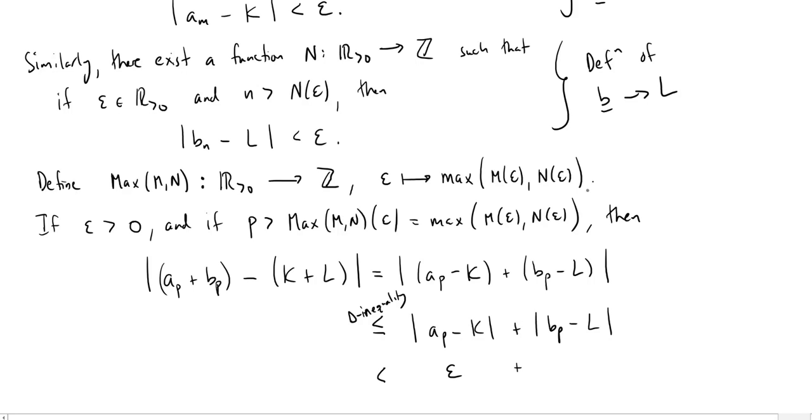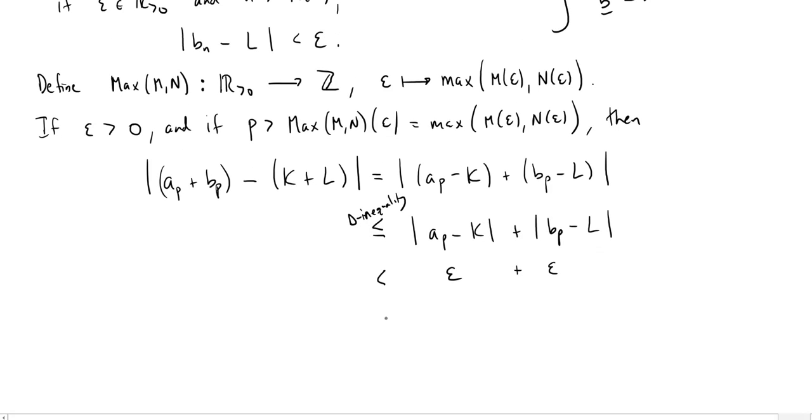Similarly, since I've gone past n of epsilon, I know that all the terms in my sequence for B are now within epsilon of L. And so this difference will be less than epsilon. Of course, epsilon plus epsilon is equal to 2 epsilon.